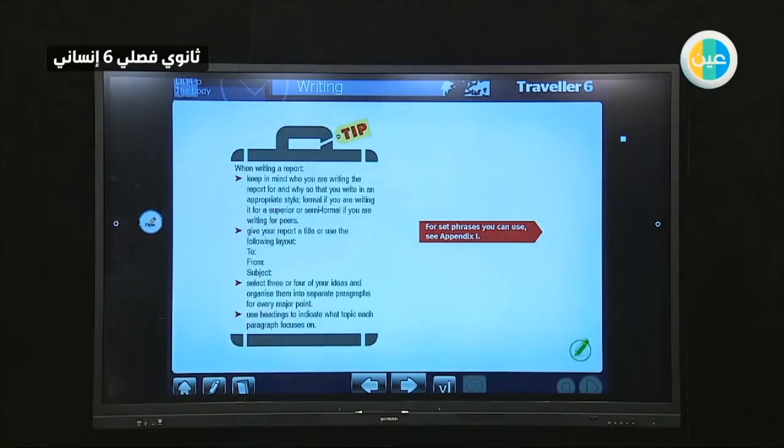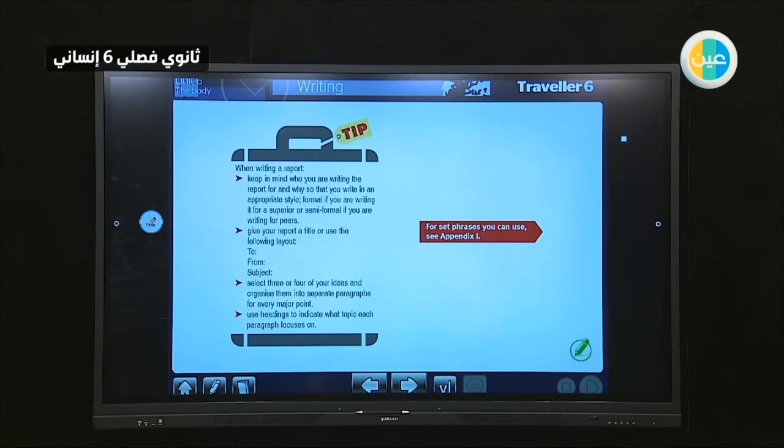Number 1, keep in mind who you are writing the report for and why, so that you write in an appropriate style. Formal if you are writing it for a superior, or semi-formal if you are writing for peers. The first point is that you must know who you are writing this letter or report for. If it is someone above you or older than you, you write in a formal, official way. If it's a peer, someone your age or close to you or at your job or social level, you write semi-formal, not very formal.